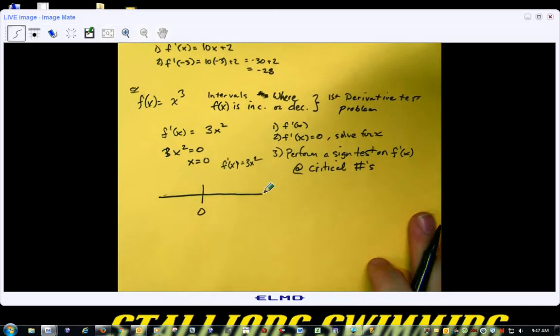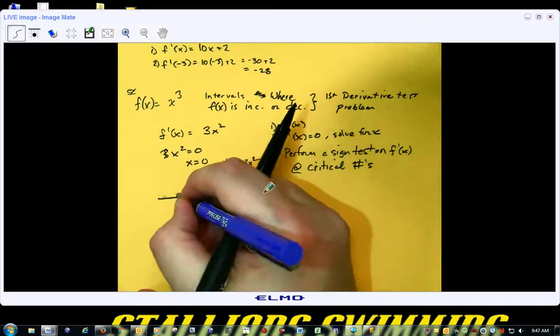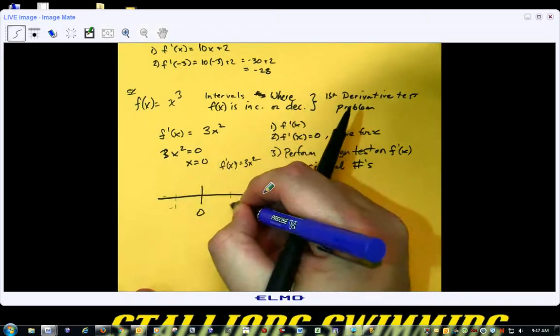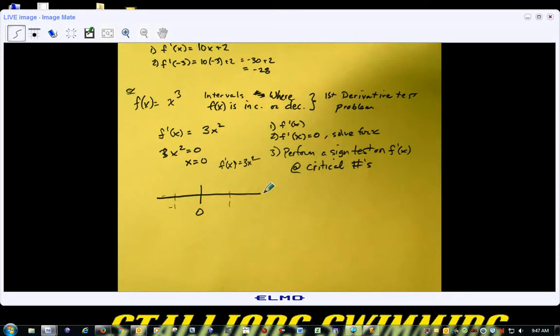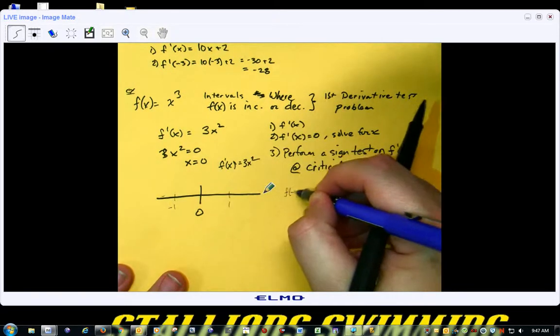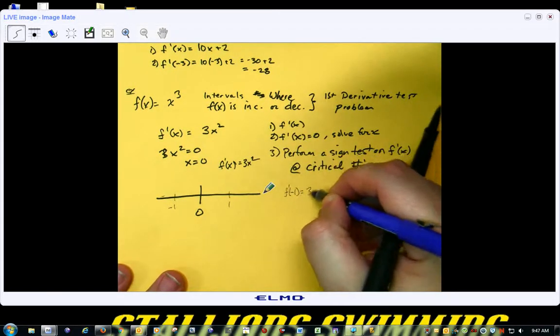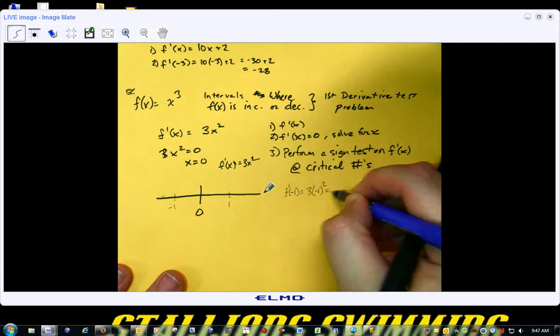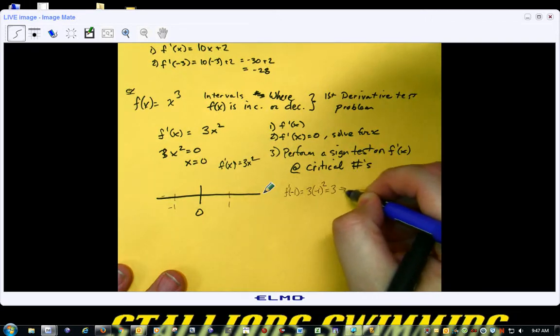Now, pick a test point, negative 1, and I'll take positive 1, because those are easy points to deal with. So f prime at negative 1 is going to be 3 times negative 1 squared, which is 3, which is positive. So I know it's positive here.